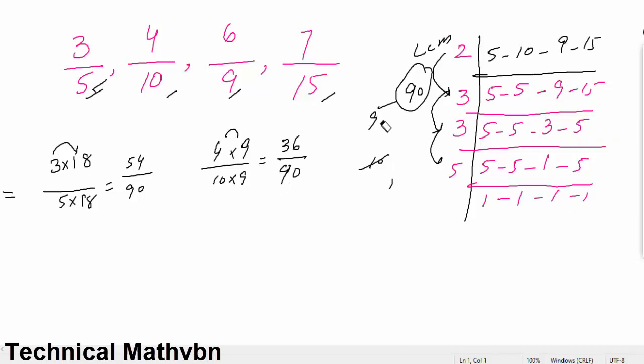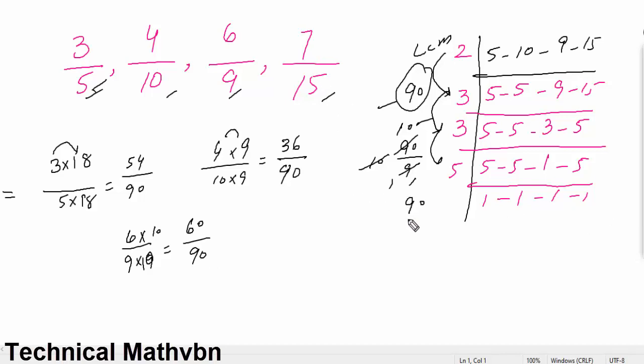Now take this 9, divide into 90: 9 tens are 90, so you get the answer 10. So take this fraction 6 by 9, multiply by 10, it will be 60 over 90.